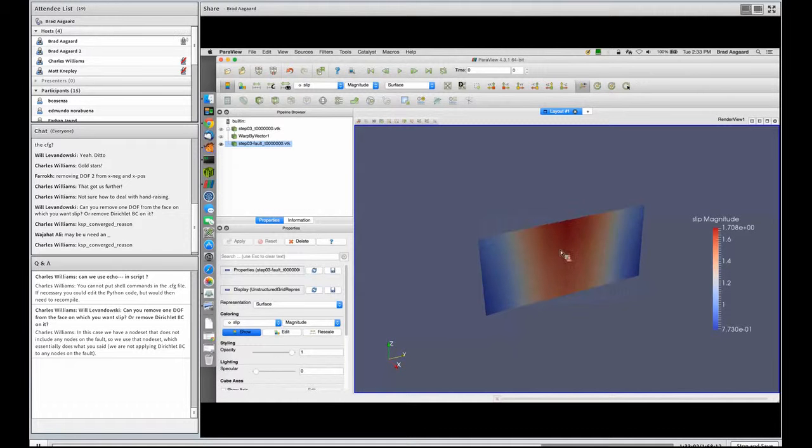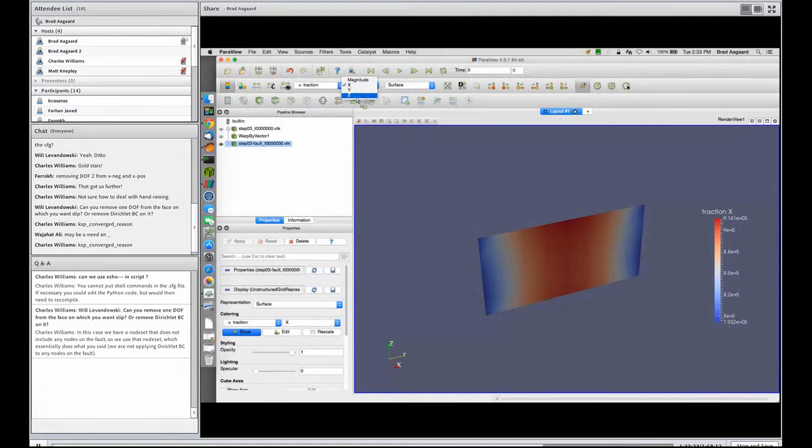If we look at our shear tractions, traction magnitude 1.5 to 1.7. So our shear traction, and that's the magnitude. So there's our x traction, basically 0.8 to 0.9.